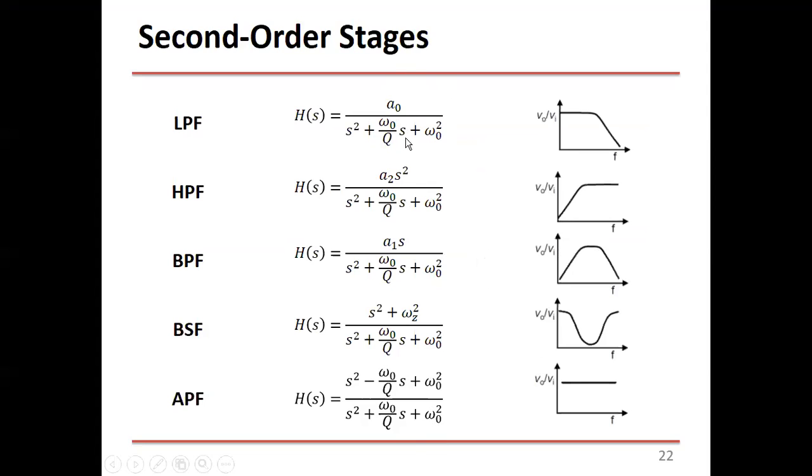We see the numerator: if we have just a constant, then it's a low pass filter; a constant times S squared, then it's a high pass filter, and so on. But we have to put the denominator in this form, S squared plus constant times S plus constant. And we see the numerator shape: if it's this shape, it's a low pass filter; if this shape, high pass filter, and so on. So let's go back.